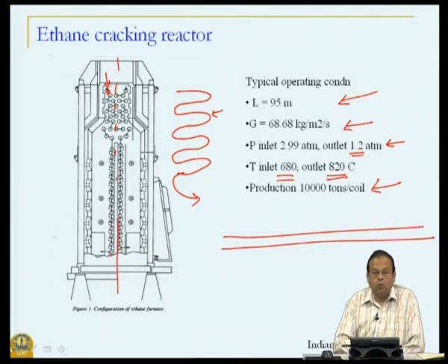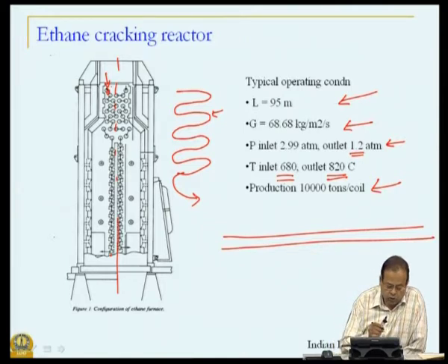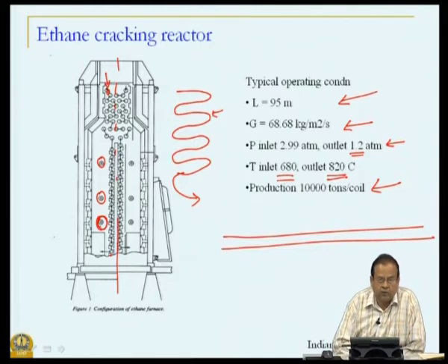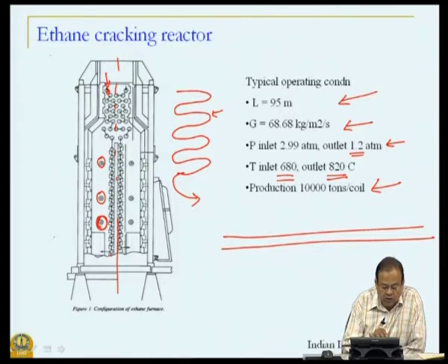Now, you also want fairly high temperatures. So, how do we achieve that? For that, what we have on the sides, what you see here, are actually flue gas burners, and therefore, these are what are called furnaces. So, you are actually burning flue gases, or passing hot flue gases, through the external of these coils, thereby achieving two things.